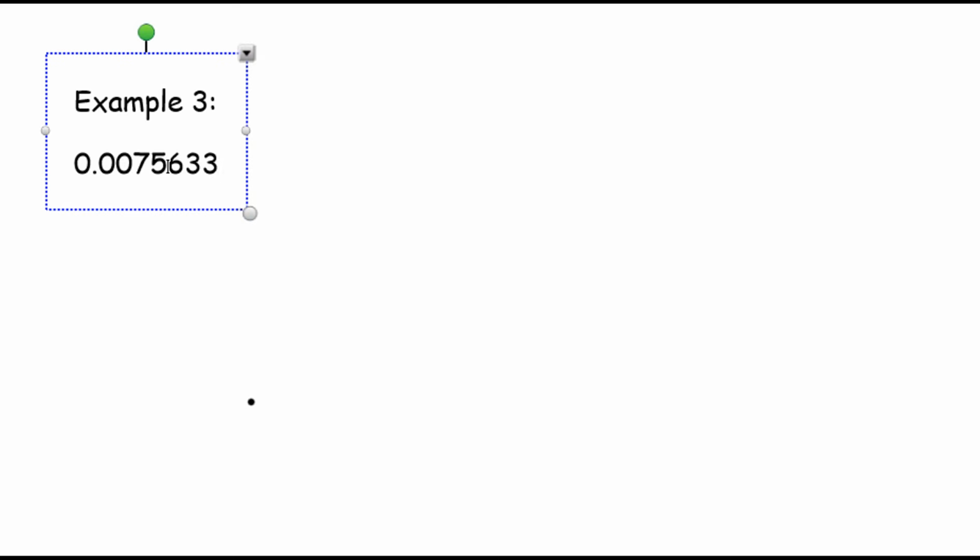In this figure we have 1, 2, 3, 4, 5 significant figures, but we are required to approximate these 5 significant figures to just 3. So what will the answer be? The answer will be 0.00756. So we only have 1, 2, 3 significant figures. So this is now our answer.